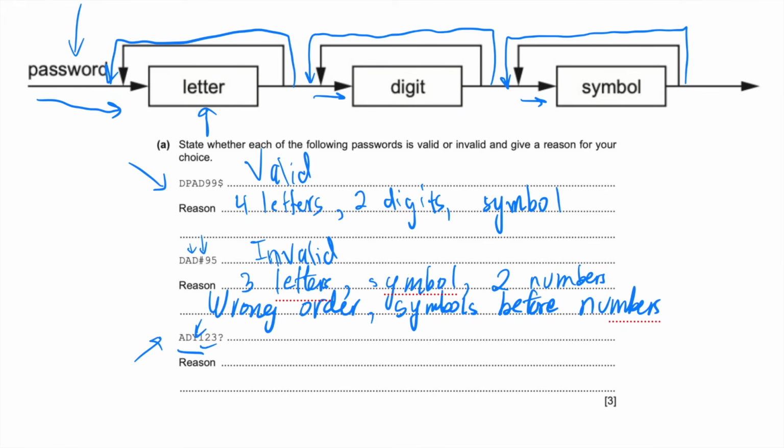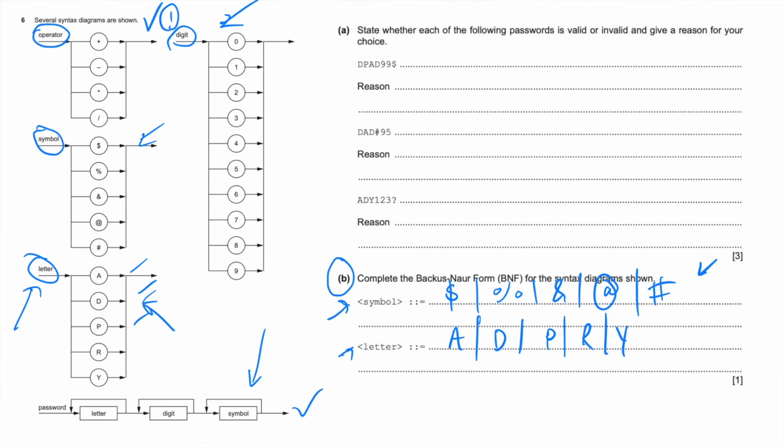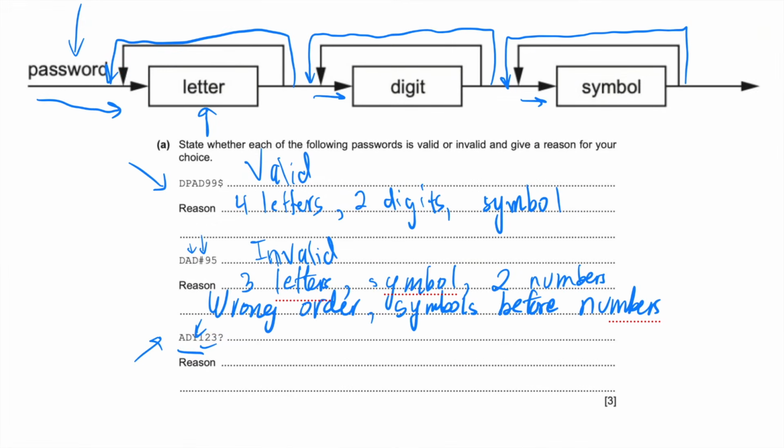We've got 3 numbers, and those aren't the problem, but we have a question mark. The question mark is the problem, because if you look at our symbols right here, the question mark is not a valid symbol. This one is invalid because we have the right order, but we're using an invalid symbol. So we can just write invalid symbol, and specify that it's the question mark. And that's basically how you work with a syntax diagram.